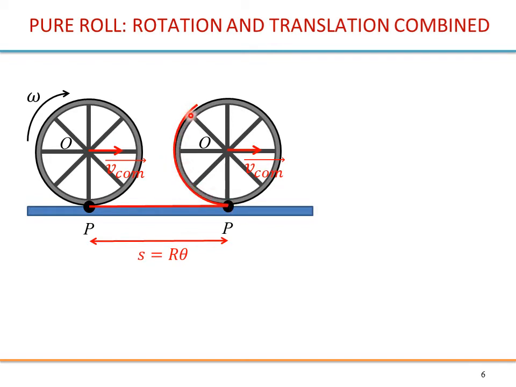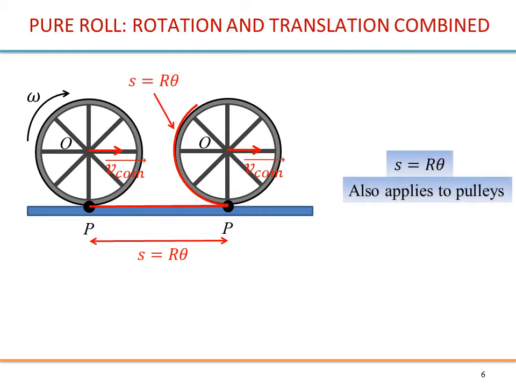Therefore, this distance is s equal r theta, and it is the same as this one. So just a remark here, this is also typically used when you study pulleys. Because when a pulley has rotated by angle theta, the rope has moved by this distance.